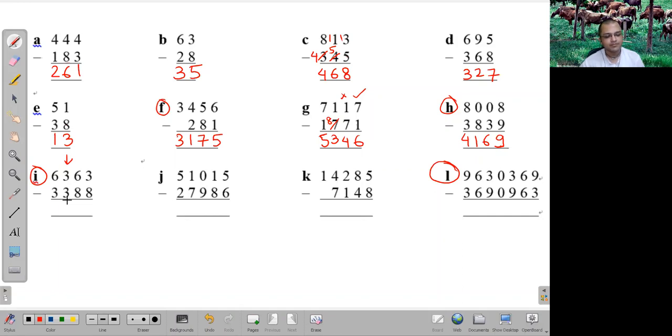It's possible, Prabhuji. 3 minus 3 is 0. But 6 minus 8 is not possible. The first two are possible, but the next two are not possible at this point.